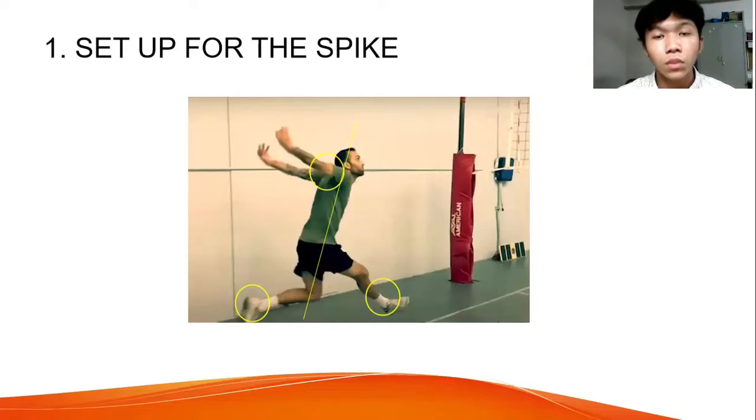As you know, this technique is mostly in the sagittal plane. This is the line of the sagittal plane. As you can see from the picture, there are three things that I highlighted. The first one is the hand.